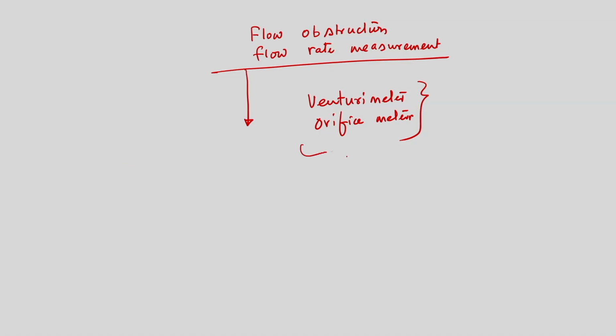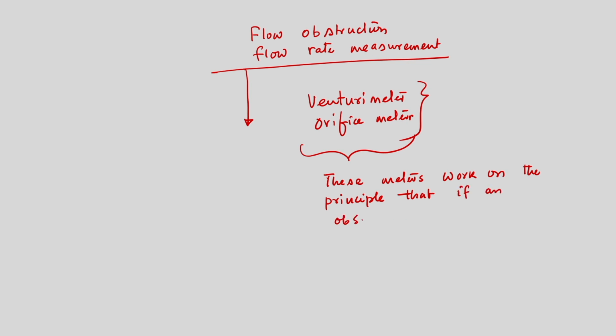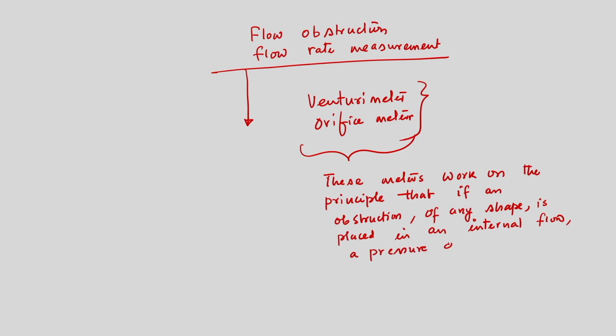So, I am writing that these meters work on the principle that if an obstruction of any shape is placed in an internal flow field, a pressure drop will be the result.